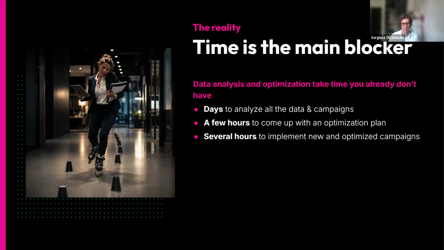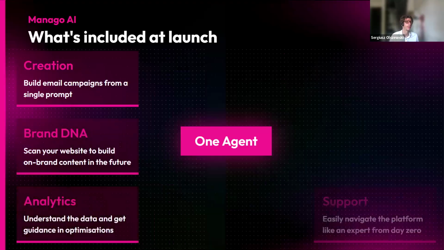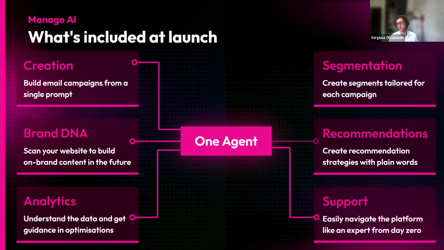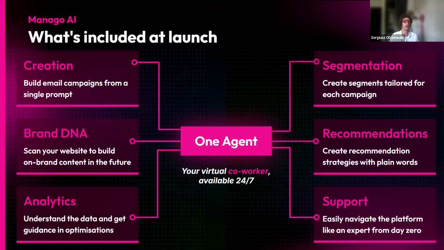And if you don't have such a teammate, how about we give one to you? We have this AI agent within Manago AI. This one agent can actually create campaigns, build your brand DNA, so understand your brand, perform analytics, create segmentation, create recommendations, and support you in using the Manago AI system as well as in your marketing decisions.